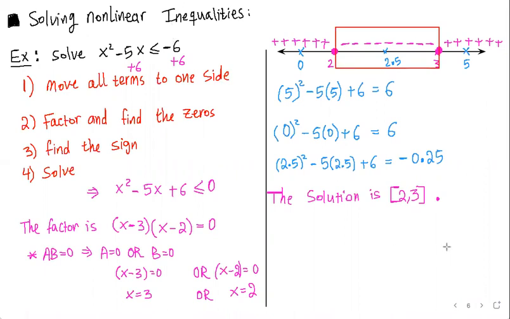Draw the line, and inside this line, we have to put the points. The first point is 2 and 3. We draw like this is 2, 3, and the line between them.